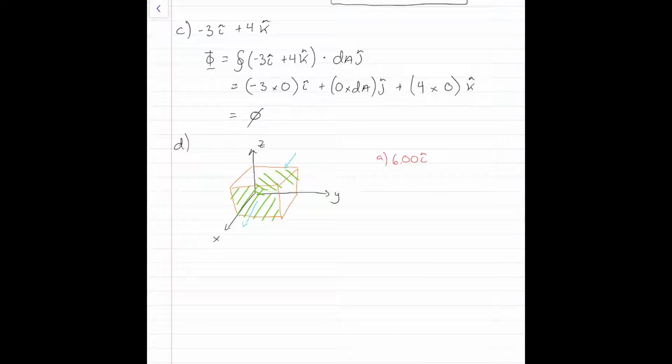So remember that the differential area is always perpendicular to the surface. So we'll have a differential area that is opposite on this plane, but then the same sense on this plane. So effectively what that does is it gives you equal but opposite values for your flux. Effectively they cancel out, so you'll get a flux of 0 when you're passing through this cube.